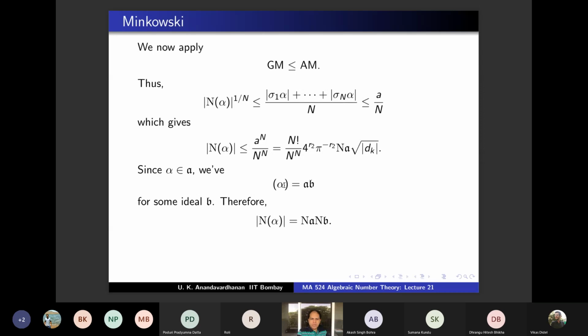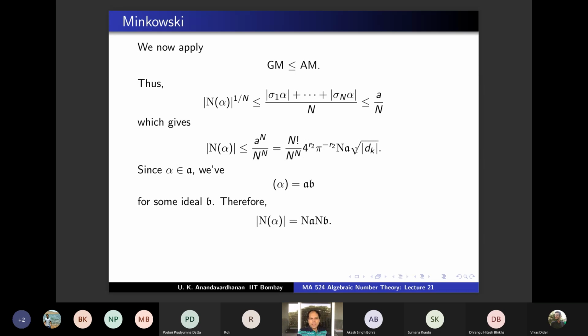When you have a principal ideal, the norm of the ideal is same as the field norm of alpha. So the norm of this ideal is nothing but the norm of this element alpha, and that is equal to norm of A times norm of B, where I am not putting modulus because the ideal norm is anyway positive. It's a cardinality, so it's positive. So the modulus of the norm of alpha is norm of A times norm of B.